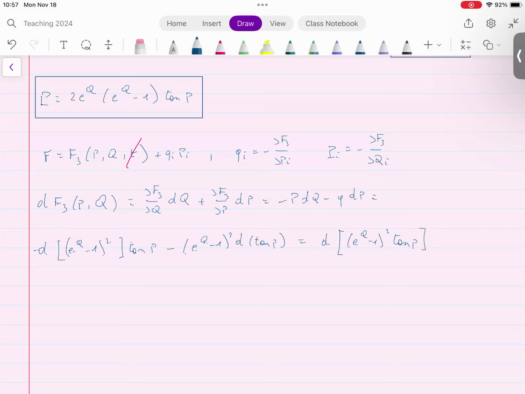So that's F3. And that's what we're trying to find.